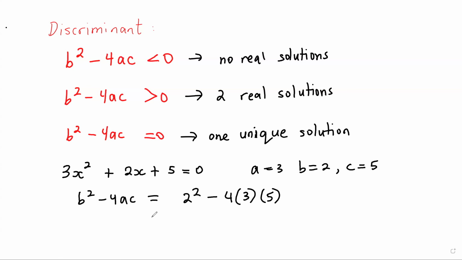So 2 squared is 4, and 4 times 3 is 12, and 12 times 5 is 60. So 4 minus 60 is negative 56. So in this case, the discriminant b squared minus 4ac is negative, which means it's less than 0. Therefore, this quadratic has no real solutions.